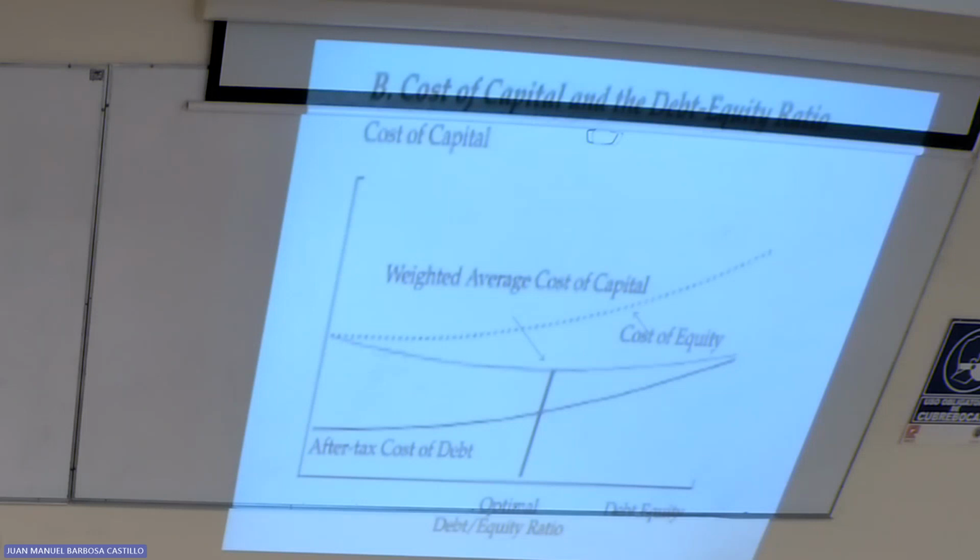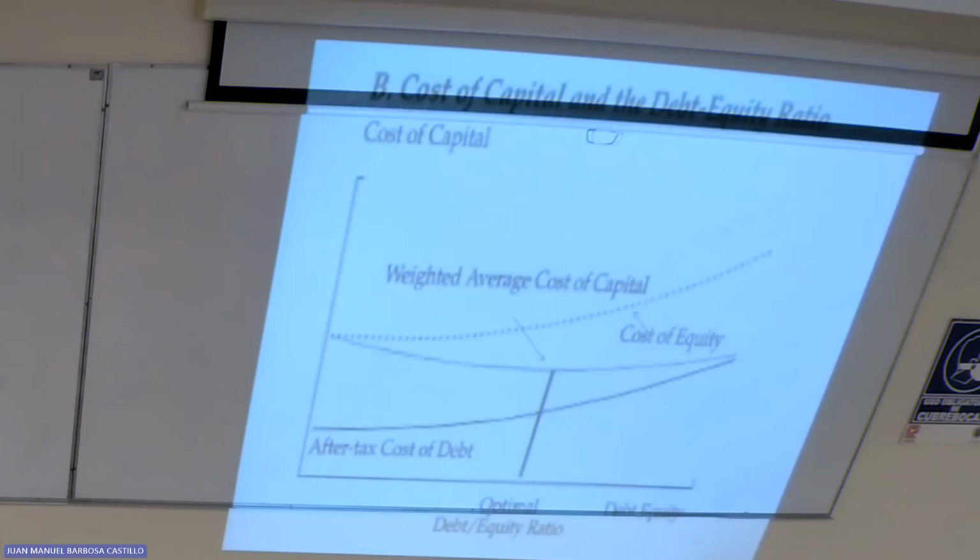Remember, the company will become riskier as the debt to equity ratio increases. This greater risk will be absorbed by the shareholders, and it will be represented in the cost of equity. So the cost of equity will increase.